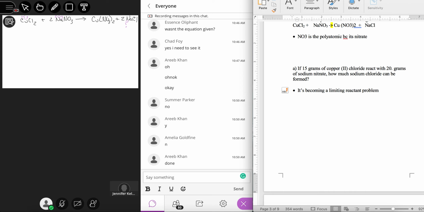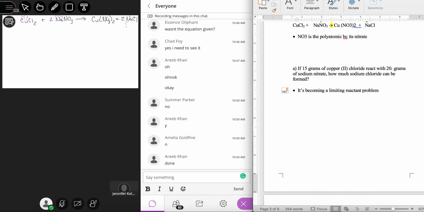So if they give me an amount of both reactants and they don't tell me which one is in excess or which one is the limiting reactant, I have to figure out which is the limiting reactant. If it's a problem where they only tell you how much of one thing they give you, most likely it's not a limiting reactant. They're assuming you know the other one is in excess.